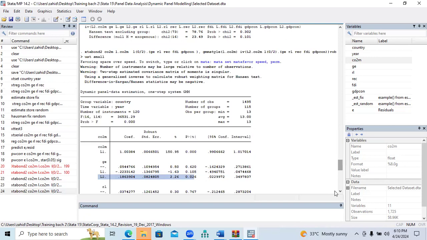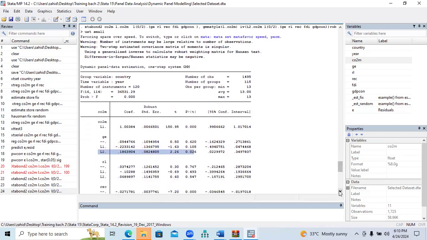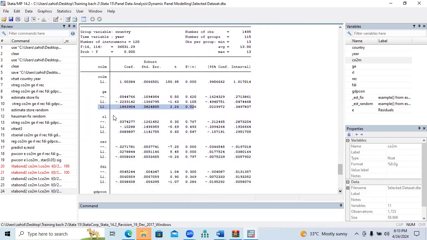So we need to verify whether our hypothesis is accepted here or not. If you see R1, it is not significant at any value: at the current level, at lag 1, at lag 2. And then REC is significant at the current level as well as at the first lag, but the signs are opposite.